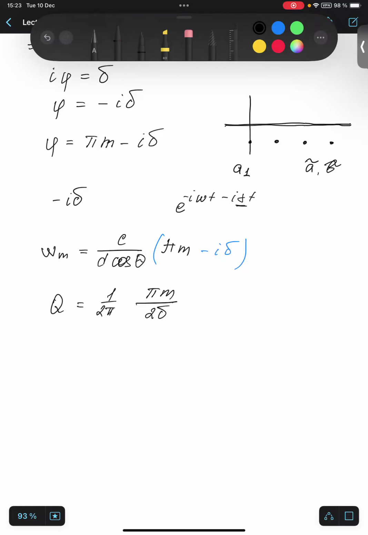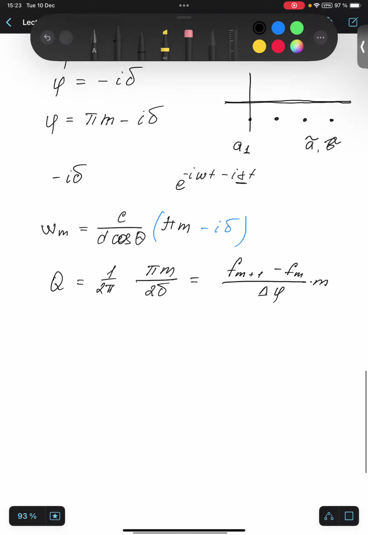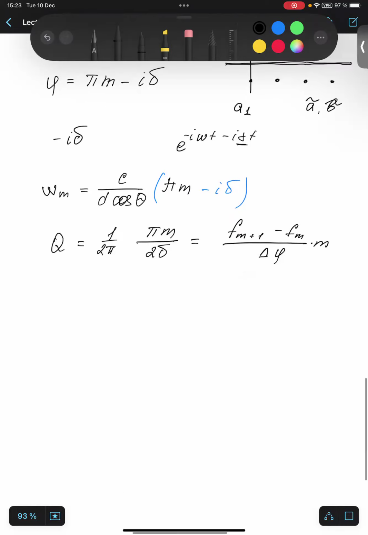You remember, the real part of the frequency divided by 2 imaginary parts. Or we can also rewrite it as m plus 1 minus m divided by delta phi multiplied by m. This quantity basically shows you how fast the field will decay. So you have some excitation, you turn it off, and the fields start to decay. This quantity shows you how fast it will decay.